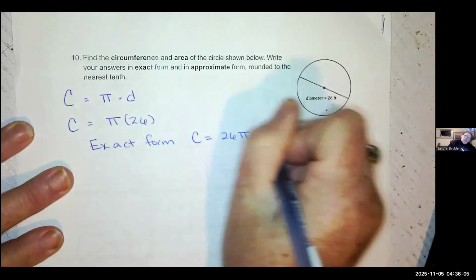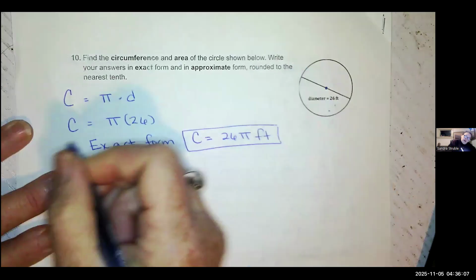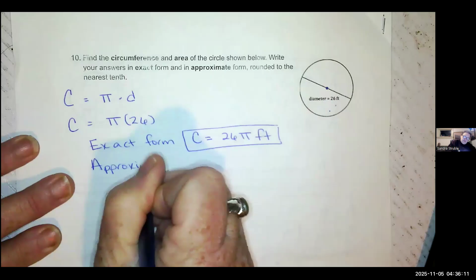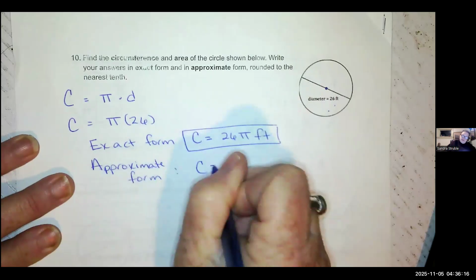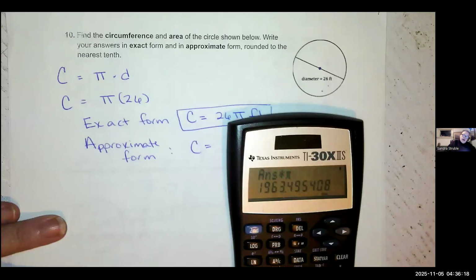Our approximate form, we just multiply. C is equal to 26 times pi. And we're going to have to round to the nearest tenth, which is 1 decimal place.